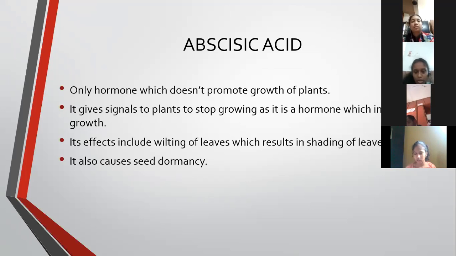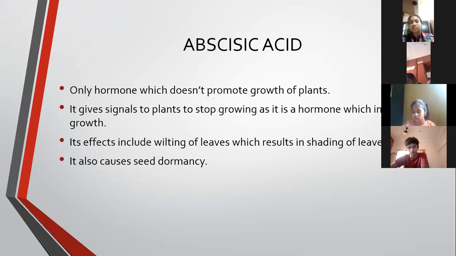Yes, ma'am. The first one is it doesn't allow the plant to grow. Second one is it helps in shading of leaves. And third one is it causes seed dormancy.